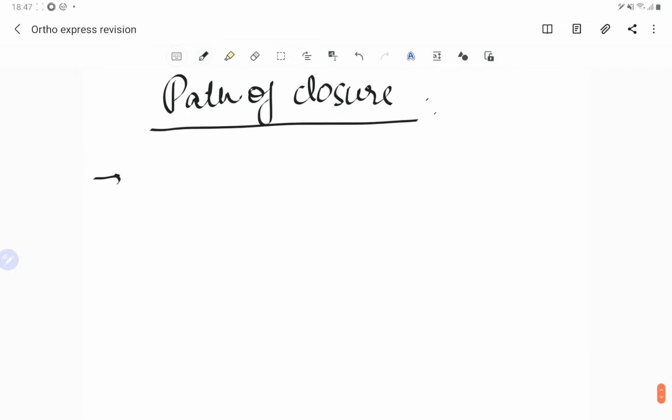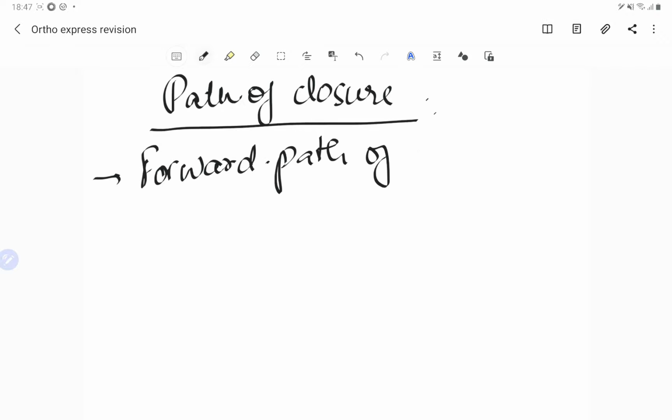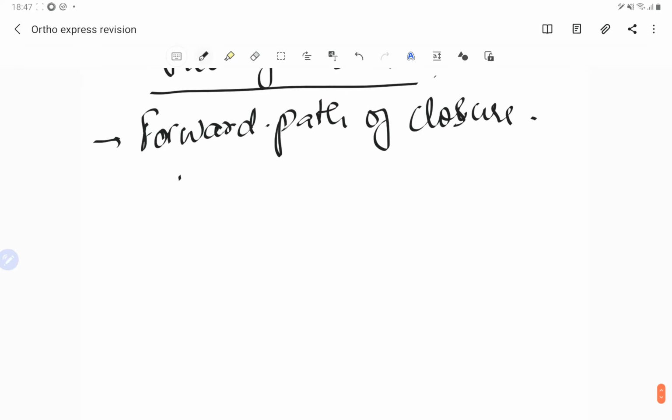What do we mean by forward path of closure? That means the person, suppose, let's see a diagram first. Suppose, okay, this is very big lips, hypertrophied lips.